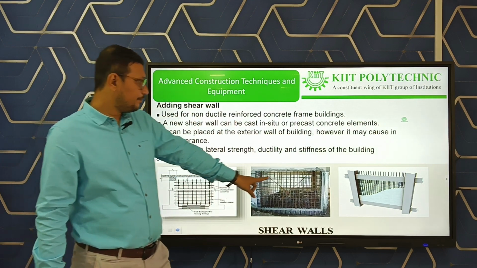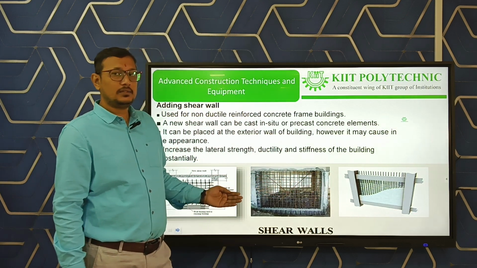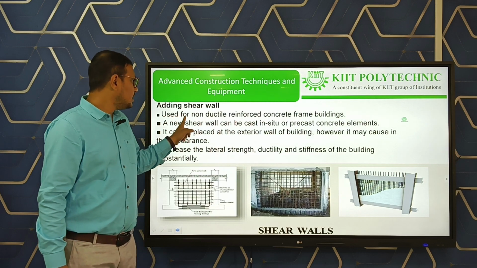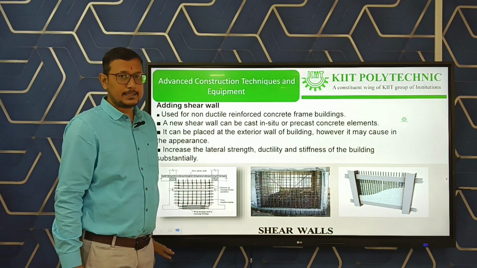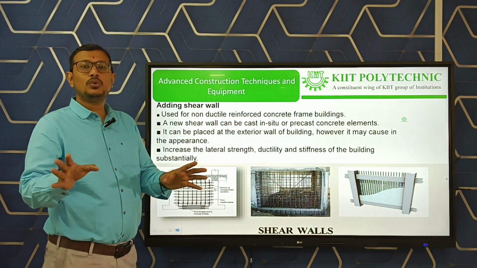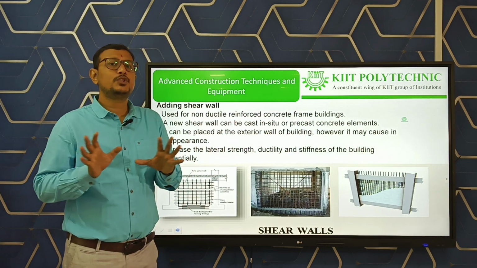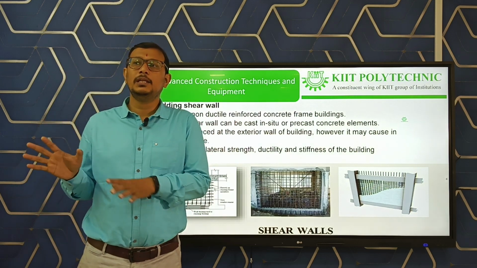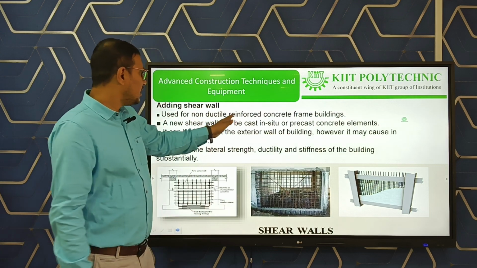Here you see in the figure we are adding an additional shear wall, which is used for non-ductile reinforced concrete frame buildings. Think of an old stone building made up of stone, or a building whose walls are made up of only bricks. Then it is non-ductile.